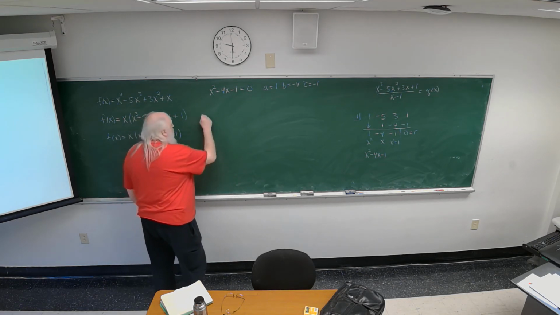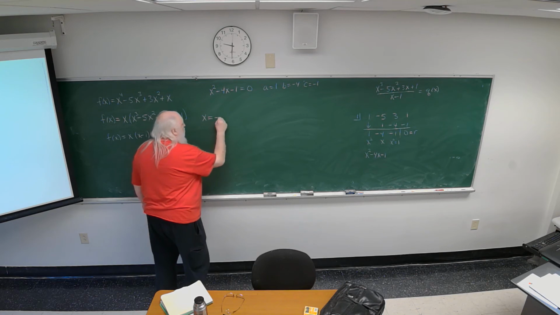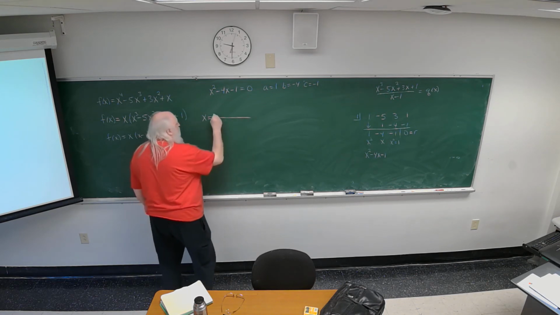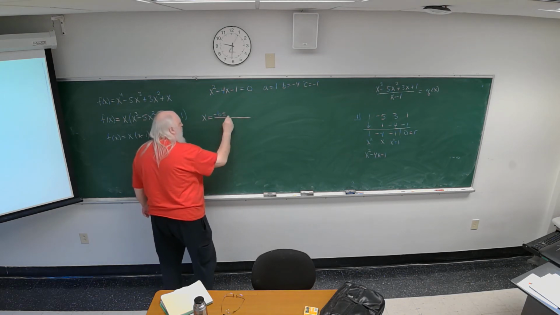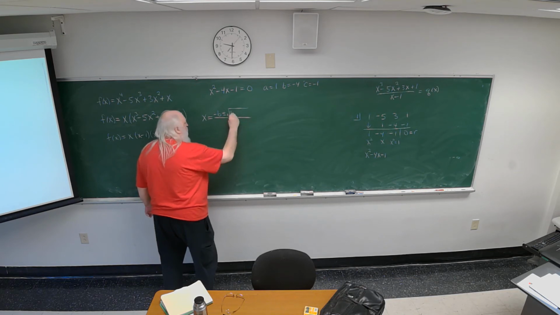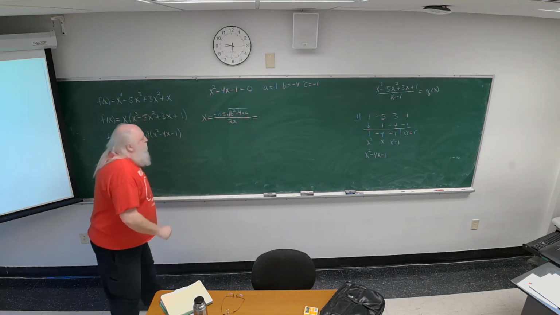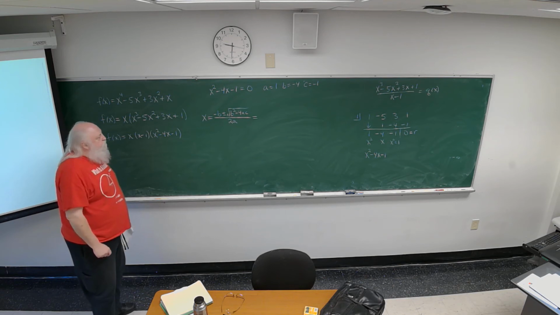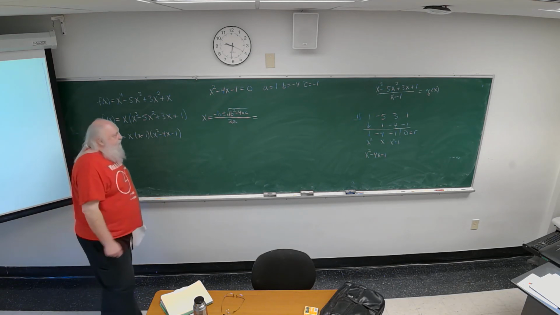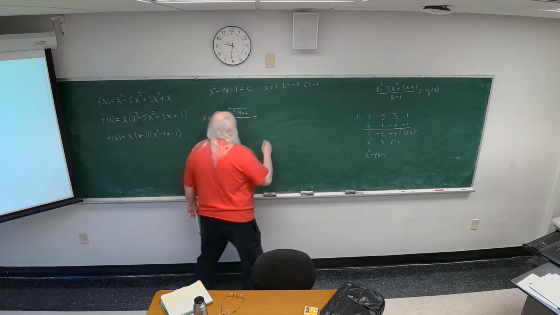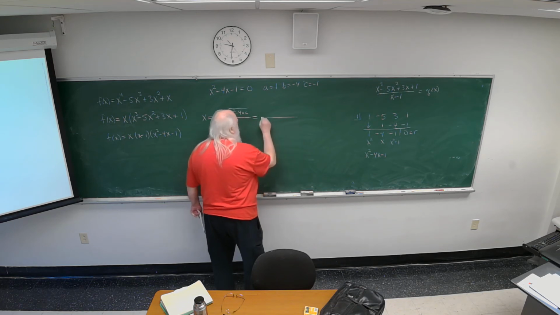So x, the quadratic formula, is equal to -b plus or minus the square root of b squared minus 4 times a times c, over 2 times a. Well, -b is negative of -4.